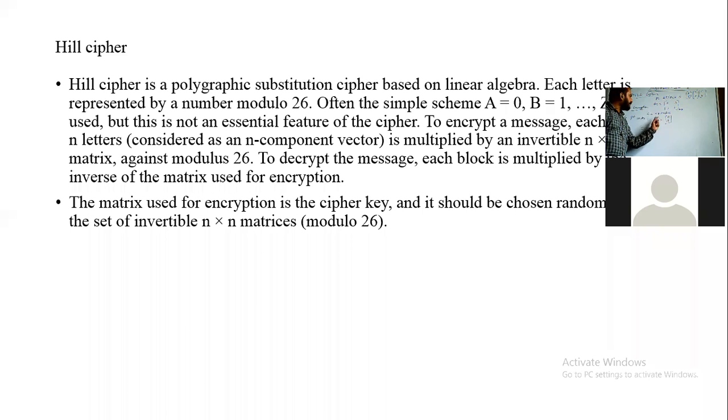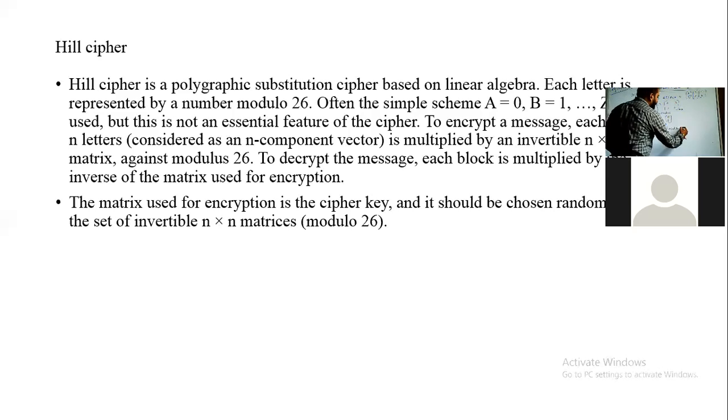The corresponding number of A is 0 and the corresponding number of T is 19. Clear? So write the key 2 3 3 6, and now we have the plain text: the first vector is 0 and 19, mod 26.